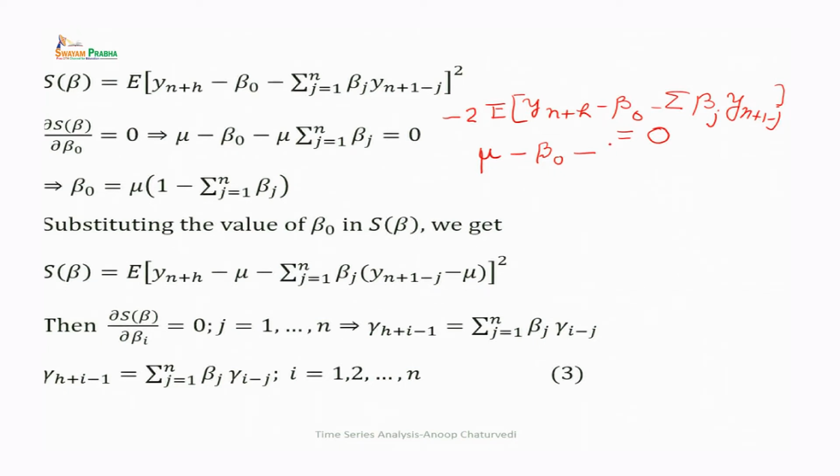So, you get mu times summation j beta j, and you get this first equation equal to 0. Now, this gives beta naught equal to mu into 1 minus summation j equal to 1 to n beta j.